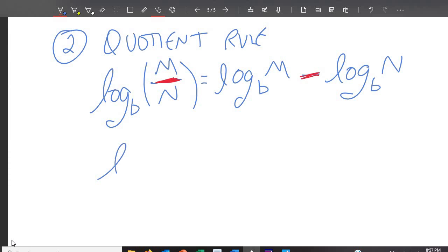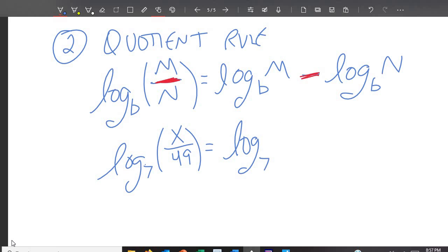Let's say I had log base 7 of x over 49. So we're dividing, and I can't simplify it the way it's written. So we're going to break it apart. The x goes first, then the minus sign, then the 49.